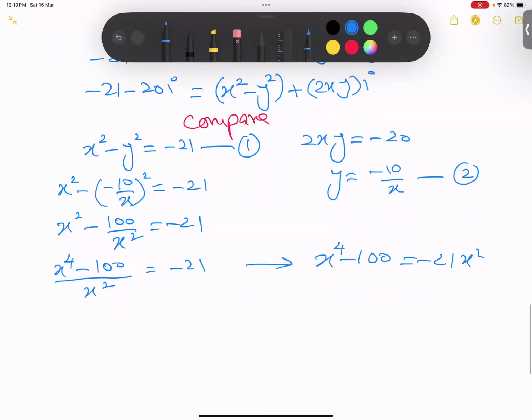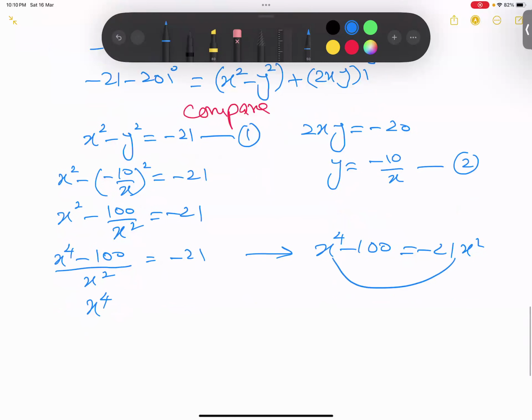Finally I bring it back in the middle here. I get x to power 4 plus 21 x to power 2 minus 100 equals 0. I can go for factorization, but I think I can go for the quadratic formula even.